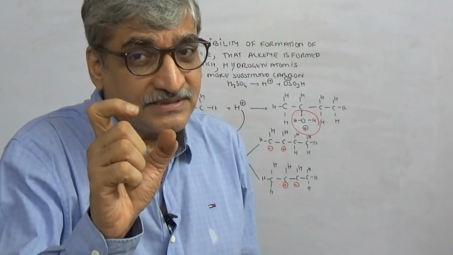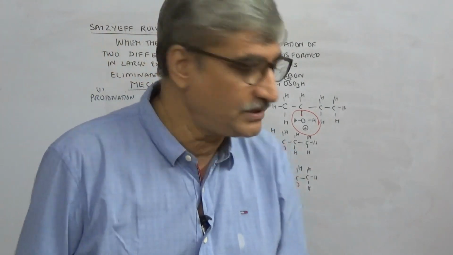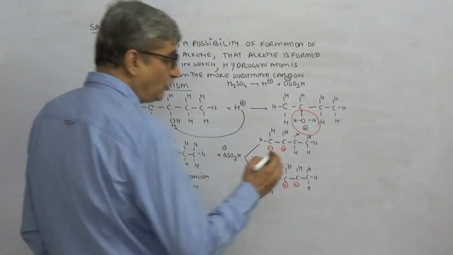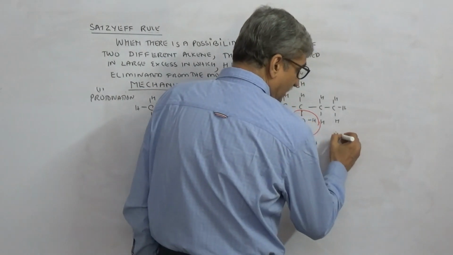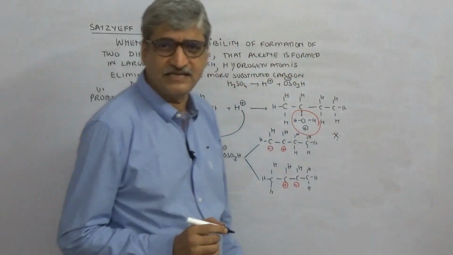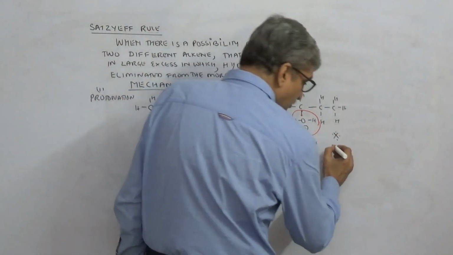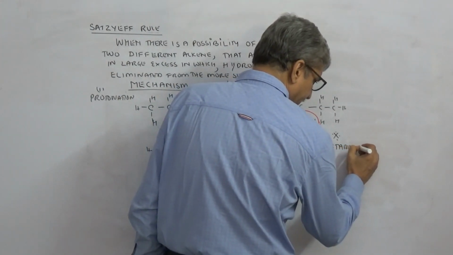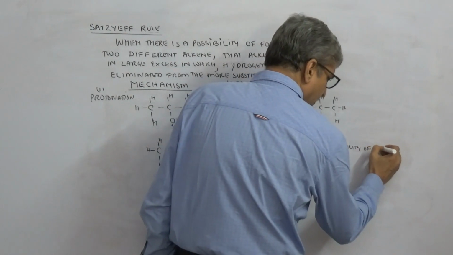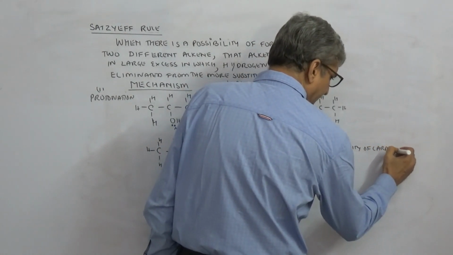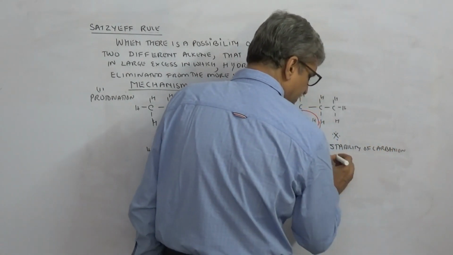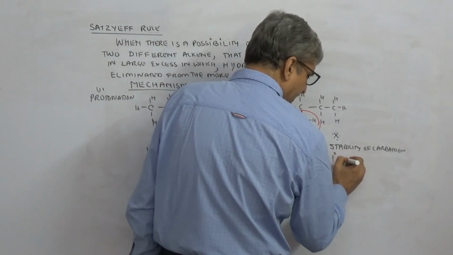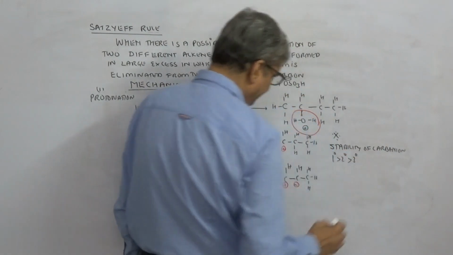So that means stability of carbanion is involved. So that is a question on its own. Stability of carbanion is primary greater than secondary greater than tertiary.